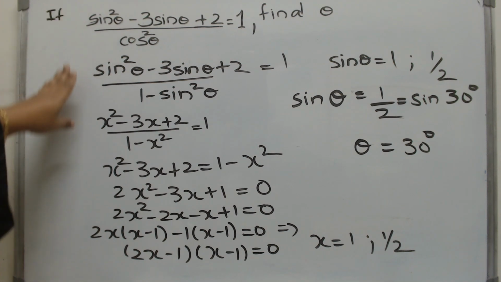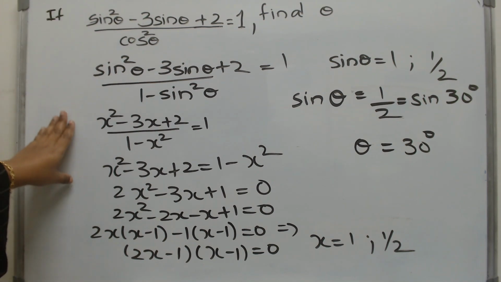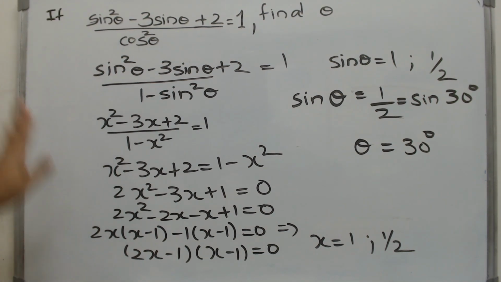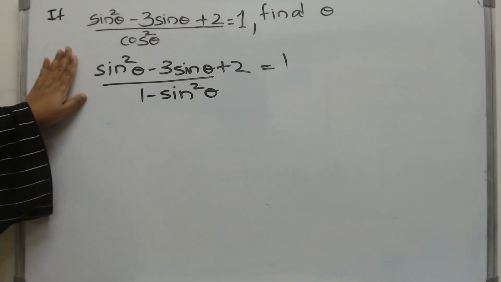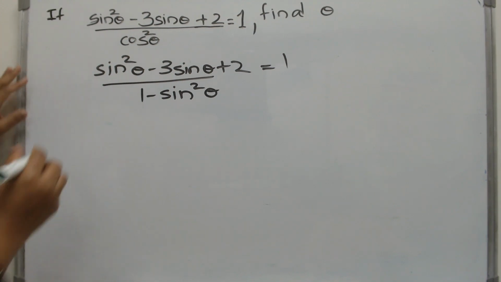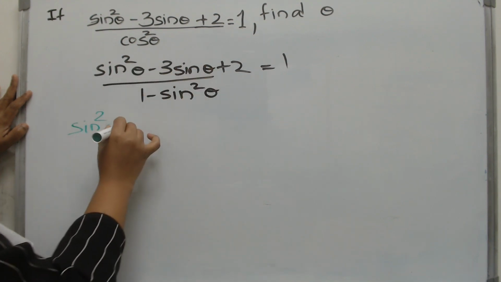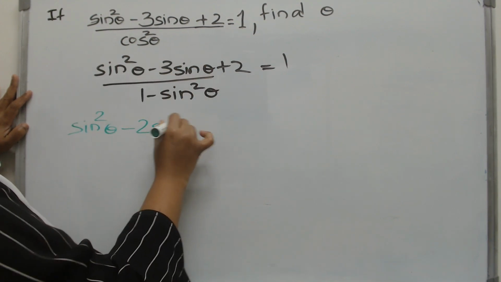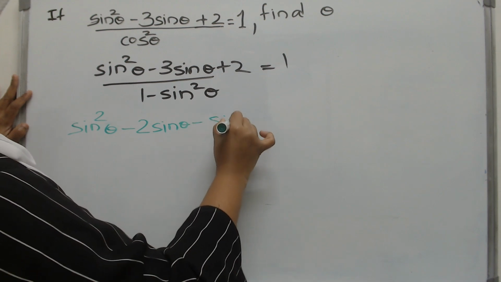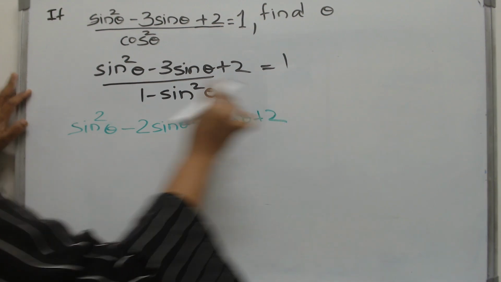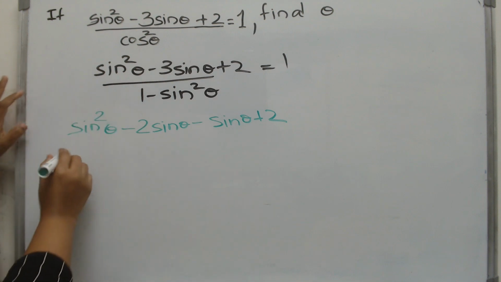Now this we have solved using the linear equations, but without going to that, just using trigonometry, let us see how to solve this. So the same question but a different method, so a different ink as well. So let me split the middle term and then you will get 2 sine theta minus sine theta plus 2. Now I am dealing with just the numerator here, okay?